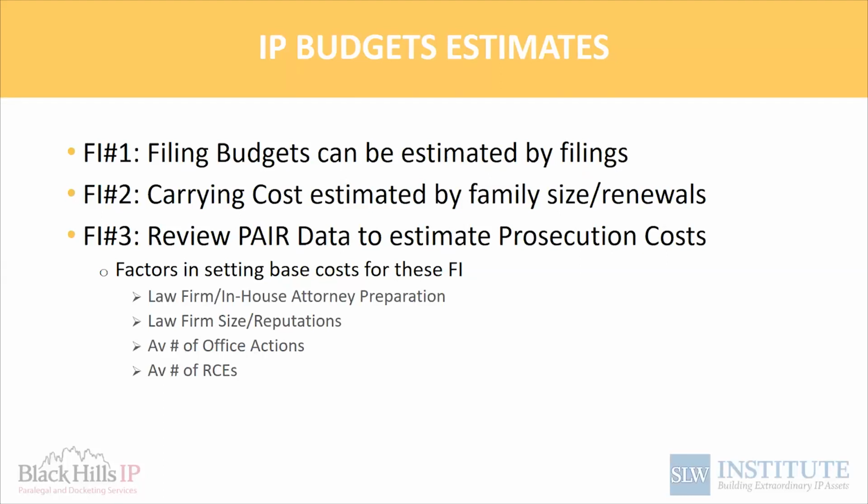We look at the PAIR data to estimate the prosecution costs, because a lot of times we'll make an estimate for an initial filing, but we look at the average number of office actions and average number of RCEs, and you can see that other law firms are spending a great deal more time in office action, and so ultimately the financial budget may be very different based upon the way that they're presenting themselves in the PAIR data.